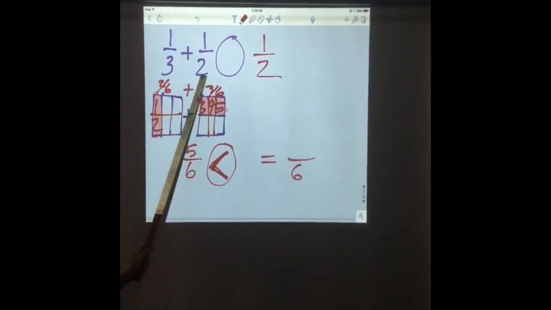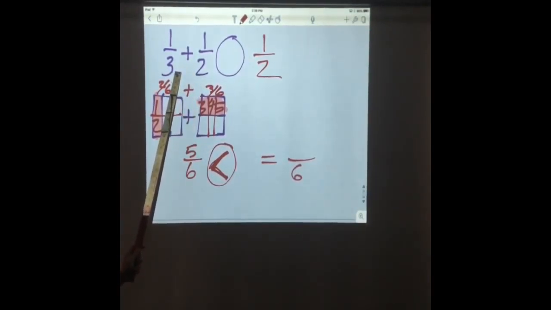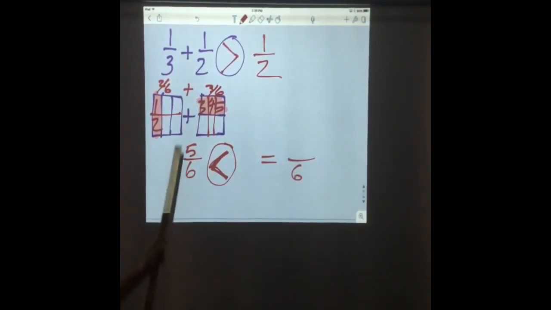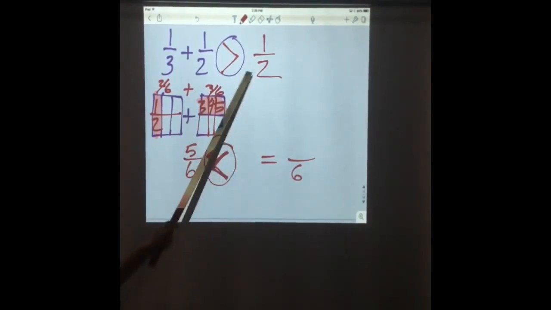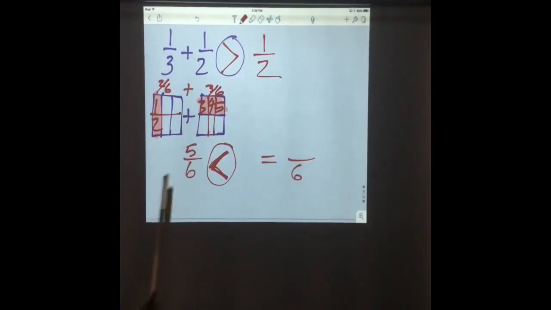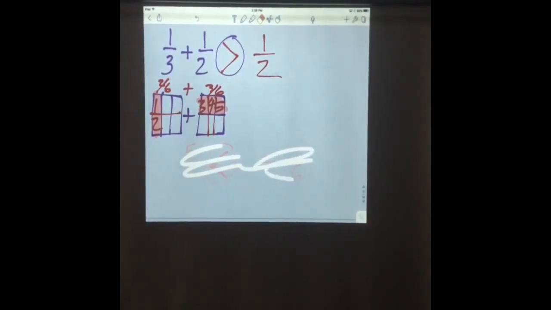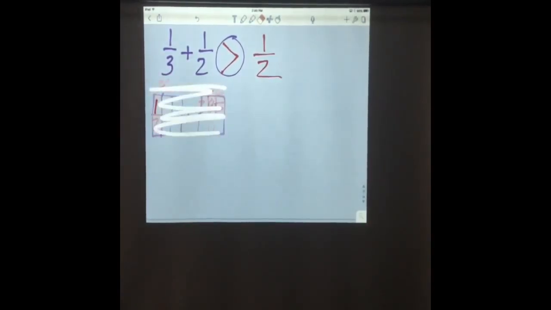Well, you already know if you have a half here and you add anything to it, it's going to be bigger than this, isn't it? So we're going to say 1/3 plus a half is greater than 1/2, right? Good work. Very good.